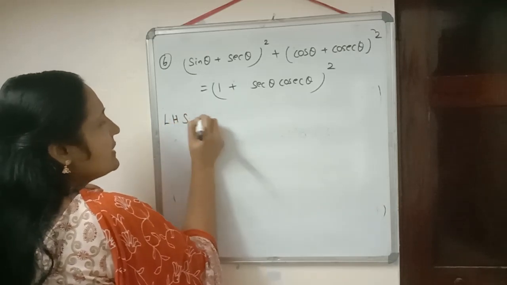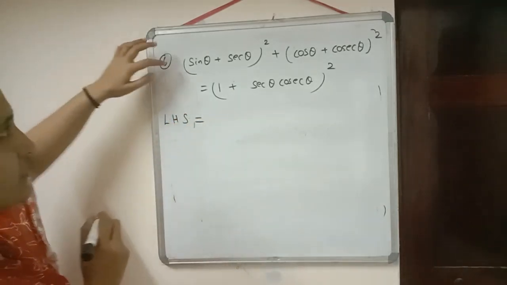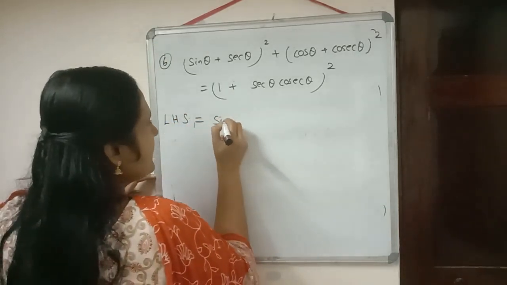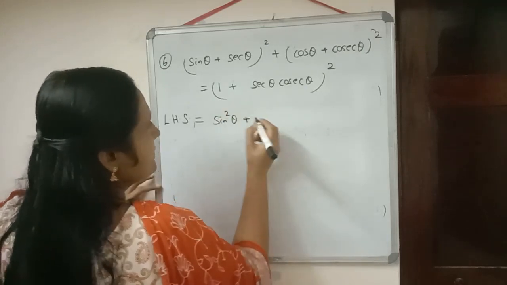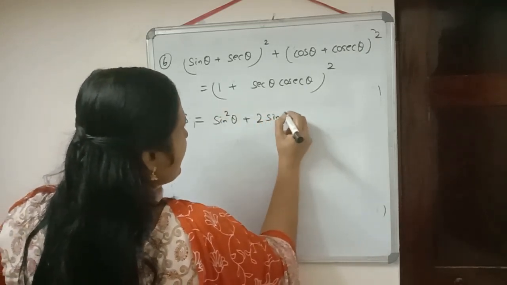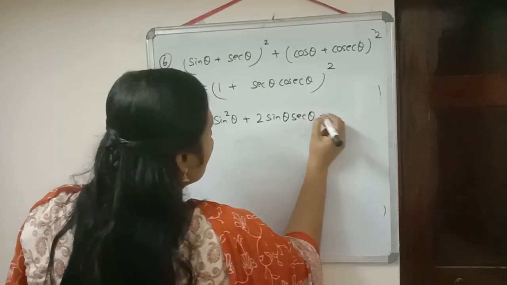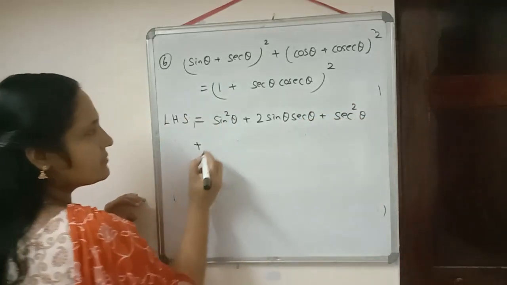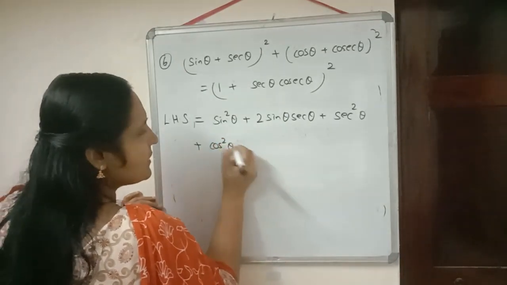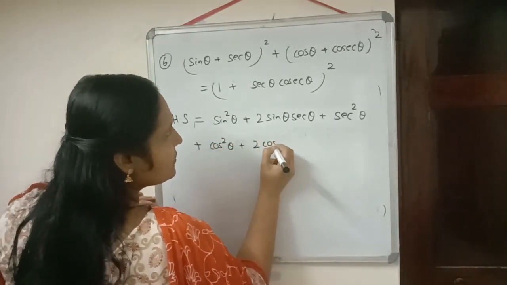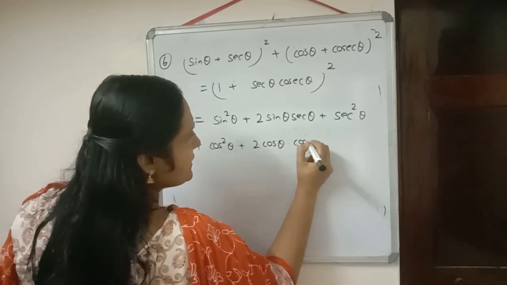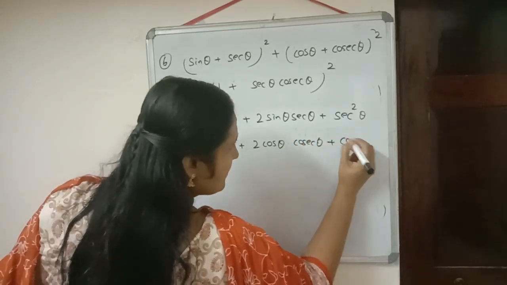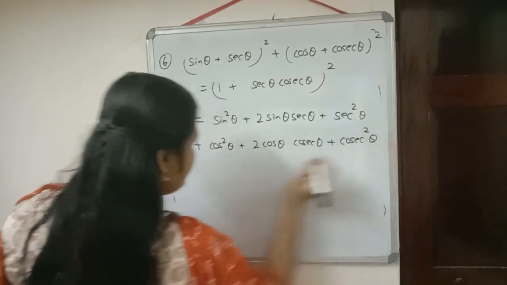So can we use the identity directly? Okay. So it will be equal to sin square theta plus 2 sin theta into sec theta plus sec square theta. Similarly, next expression will come cos square theta plus 2 cos theta into cosec theta plus cosec square theta.